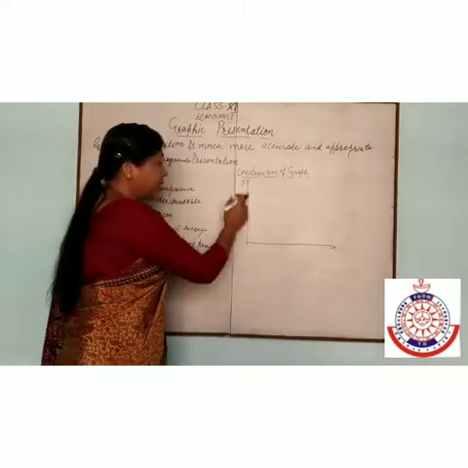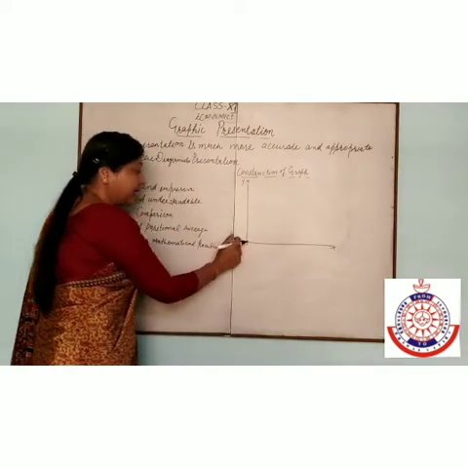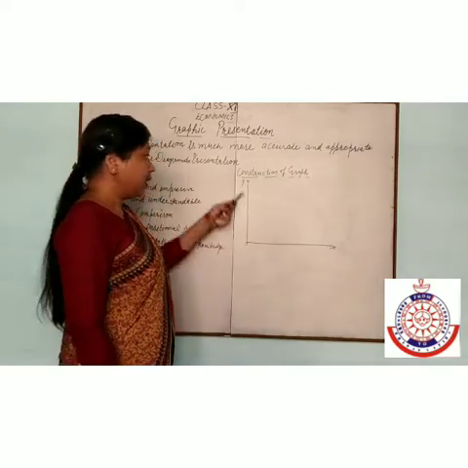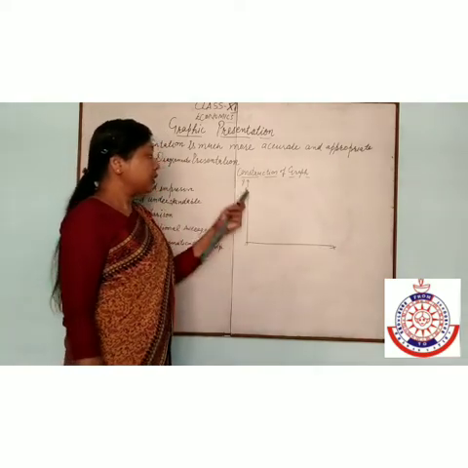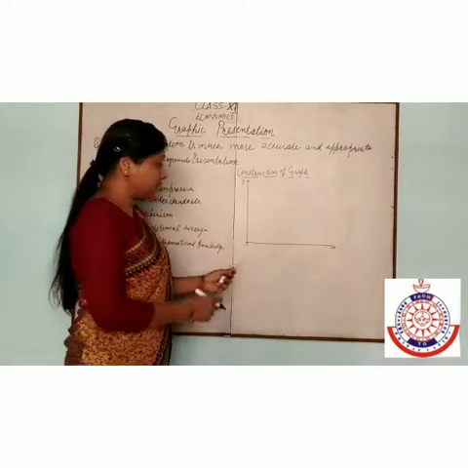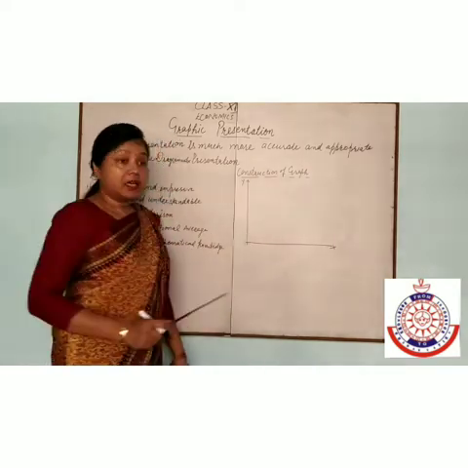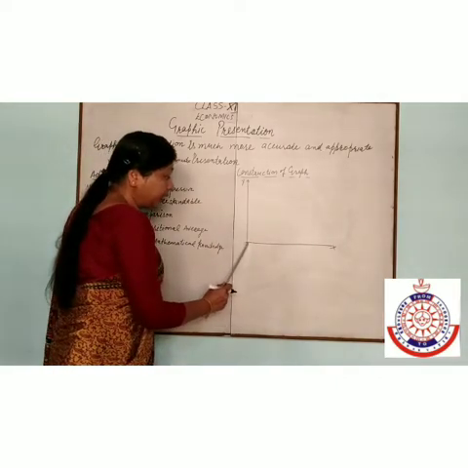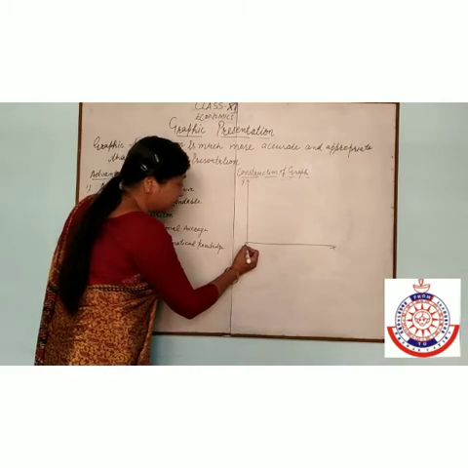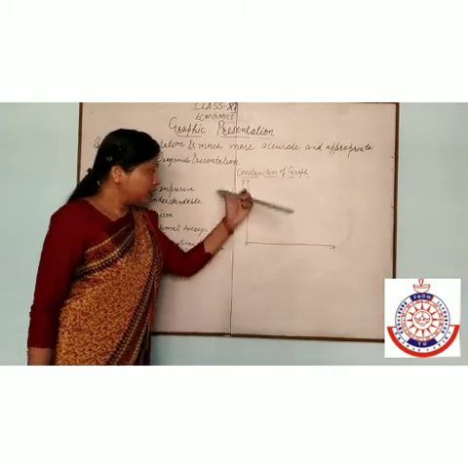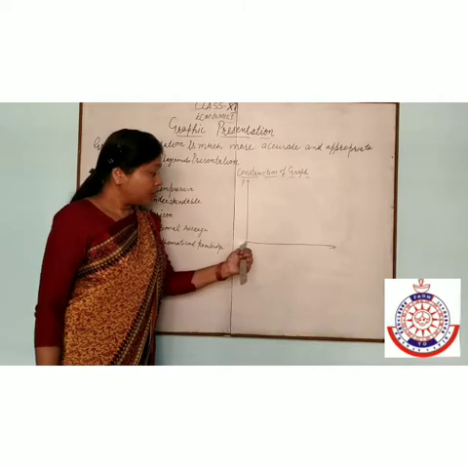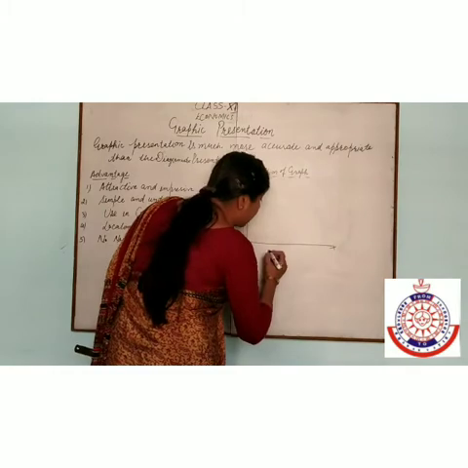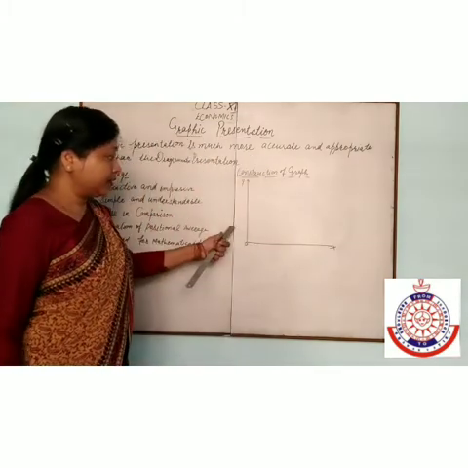OX and OY both intersect at a right angle. In the second step, they both meet at the right angle, and this point is known as the origin. This is known as abscissa and this is known as ordinate.